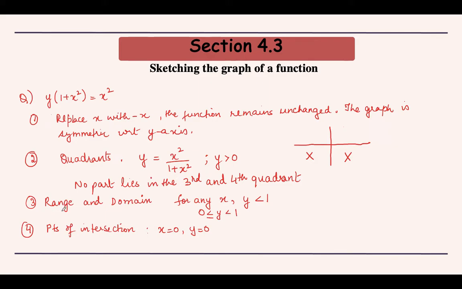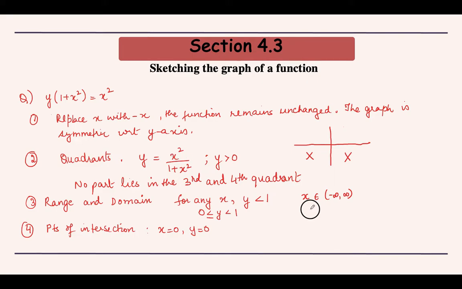The next part is regarding the range and the domain. From the expression of y, we can easily see that x can belong to the set of real numbers. It can assume any real values. So as far as the domain is concerned, we would say the domain is set of all real numbers. For the range part, we can see here that the numerator is always smaller than the denominator, because in the denominator we have 1 plus x square and numerator is simply x square.